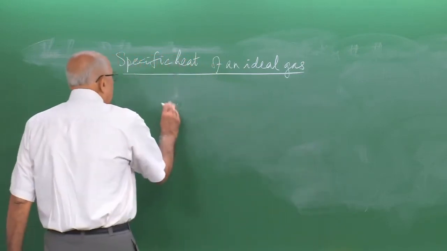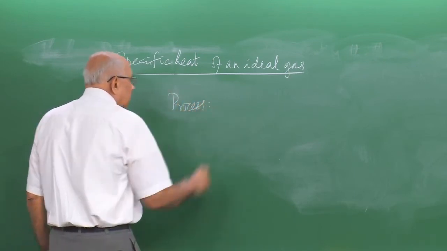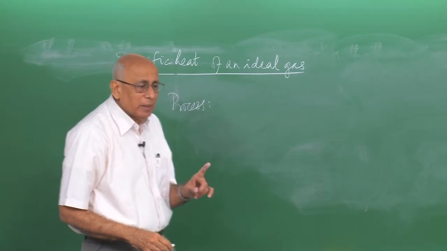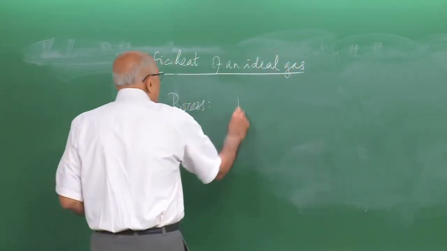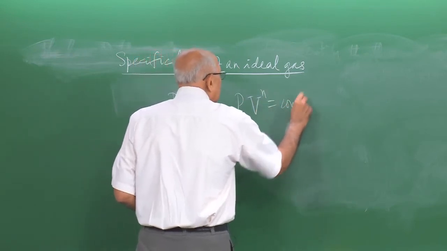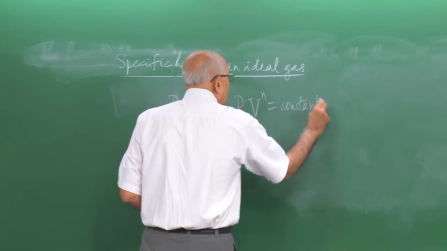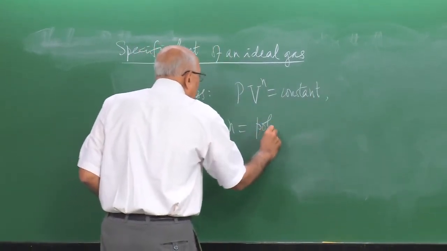So, we look at a case where a quasi-static process, which means that you go through a succession of equilibrium states such that P times V to the power n equal to constant, and n is called the so called polytropic index.